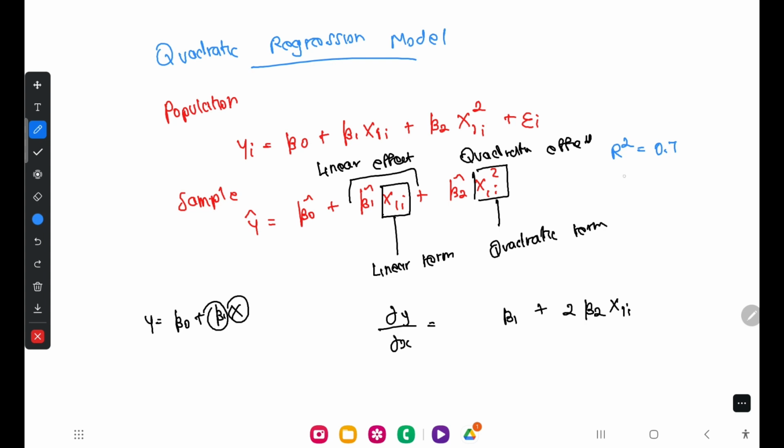You explain it saying 70% of the variation in y is explained by the quadratic relationship between x and y.